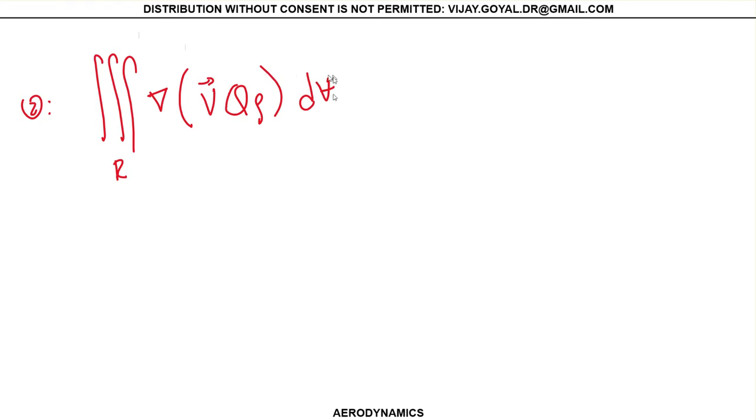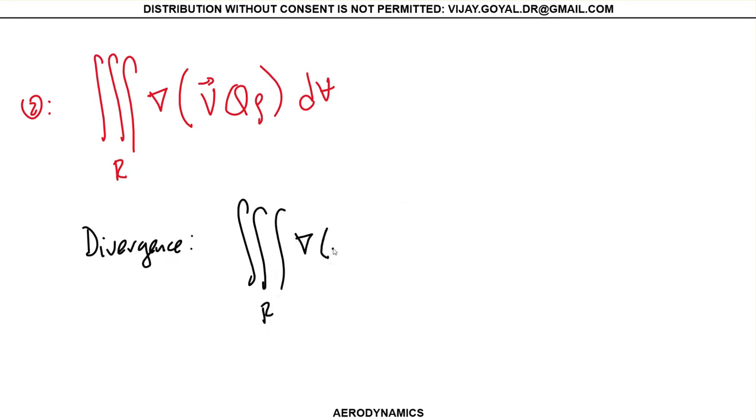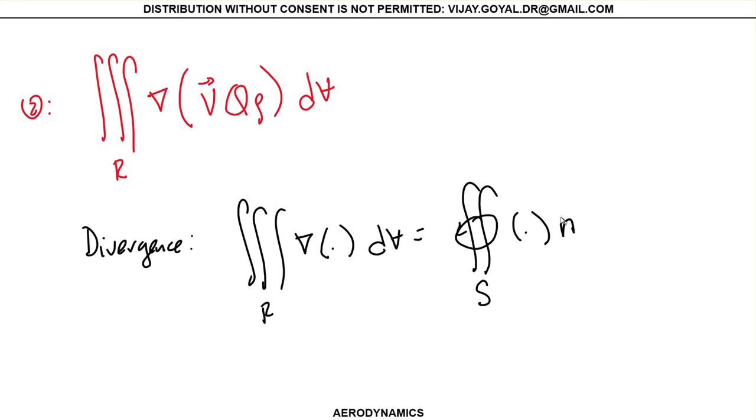The divergence theorem states that the triple integral over the volume of the divergence of any quantity will be the same as the quantity over the closed surface S, dotted with the unit normal times the area element.